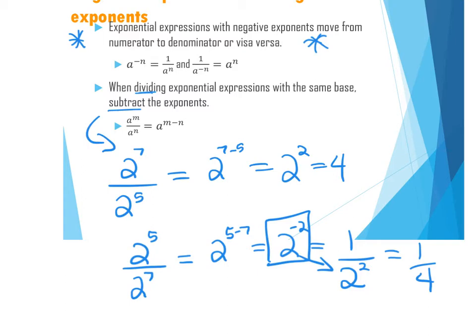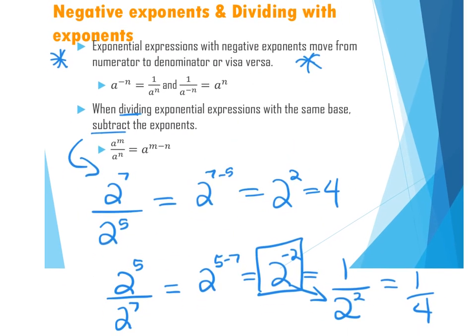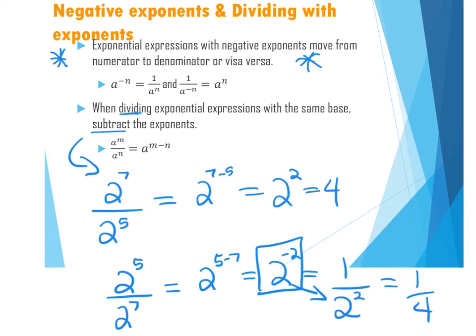So now let me clarify this. So up here, exponential expressions with negative exponents move from the numerator to the denominator or vice versa. So let's say it's a whole number with a negative exponent. If you want to make it a fraction, notice that 5 to the negative 2 is in the numerator. To make it positive, you move it to the bottom.